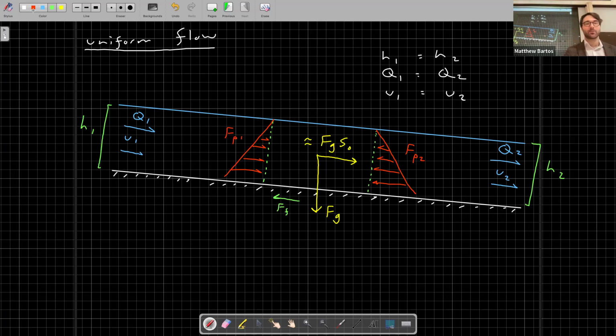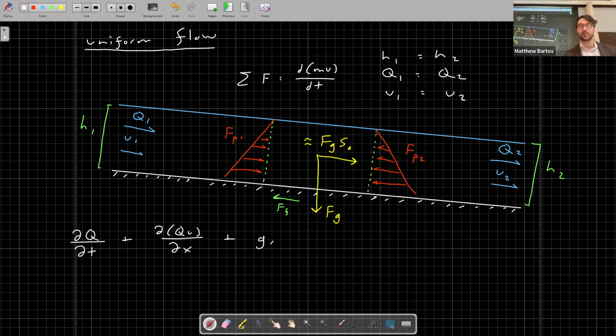So if we apply a force balance to this control volume, we have that the sum of forces is equal to the time rate of change of momentum. We arrive at our momentum equation. As before, it is given by dQ/dt plus d(Qu)/dx plus the acceleration due to gravity times the cross-sectional area times the quantity dh/dx.